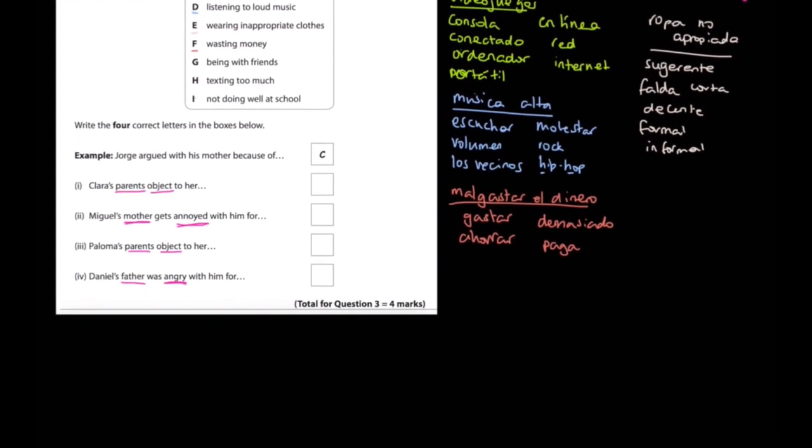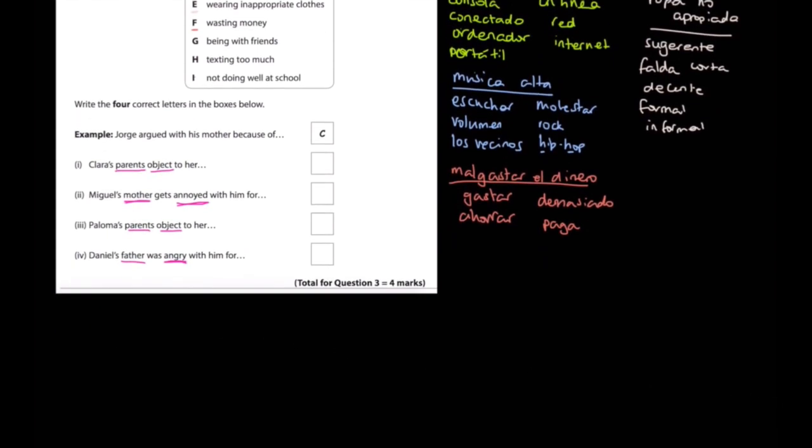Being with friends. If a parent has an issue with their child being with friends, what could I hear? I might hear something like salir con los amigos. I might hear things like pasar tiempo or pasar demasiado tiempo.